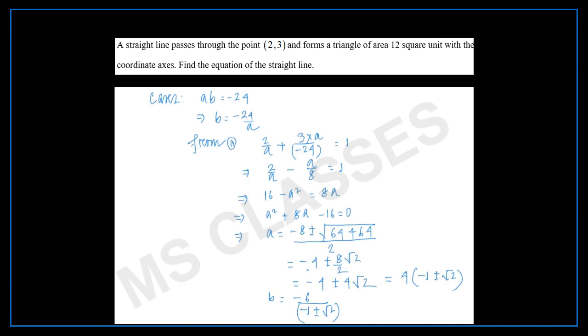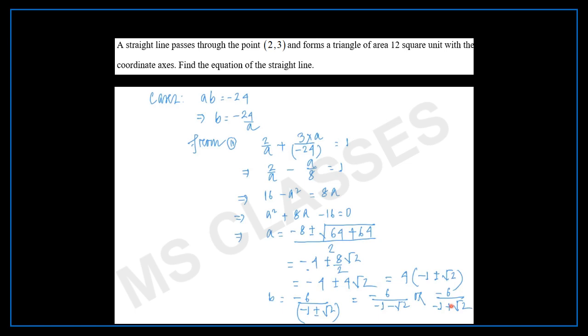Or we can simplify this one and then also we can write, because B we are having here two values, minus 6 by minus 1 minus root 2 or minus 6 by minus 1 plus 2. So these are the possible values of B we can get when the values of A will be minus 1 minus root 2, 4 into minus 1 minus root 2, 4 into minus 1 plus 2.